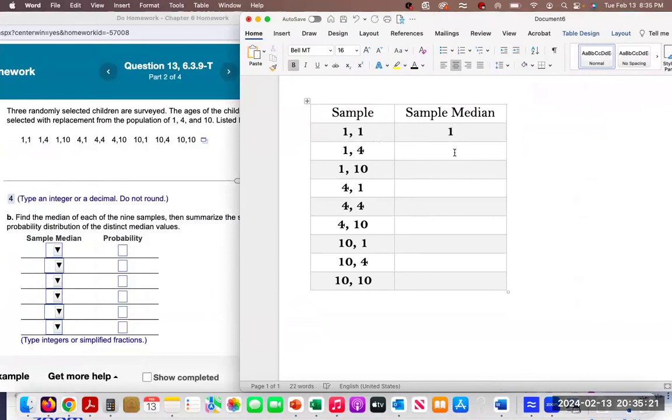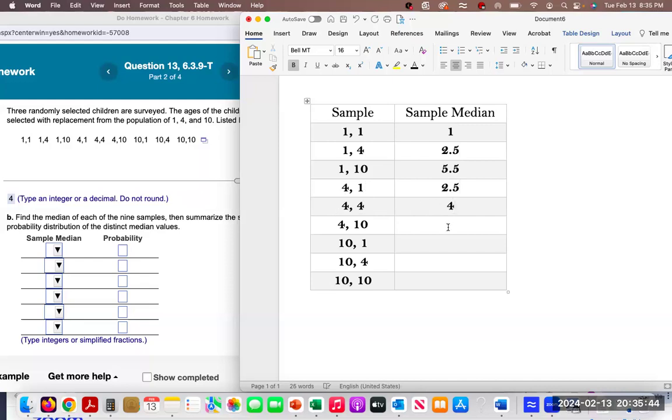The median for 1 and 4 is 2.5. You add 1 and 4, get 5, divide by 2, we get 2.5. The median of 1, 10 is 5.5. The median of 4 and 1, again, 2.5. The median of 4, 4 is 4.